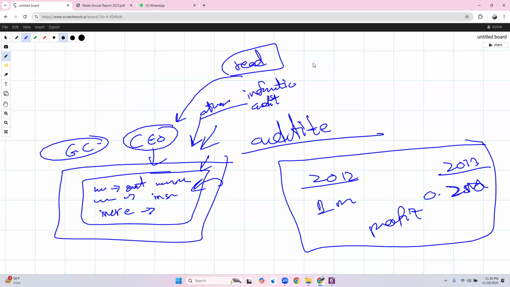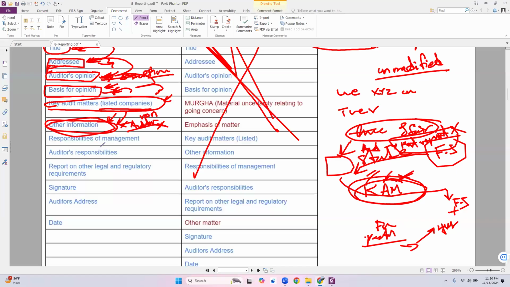And if they are materially different from what you actually expect, then you have to write within the other information paragraph that we have read all the other information and found that the CEO statement, the chief executive statement, the chairman statement that has been given to you is not correct.